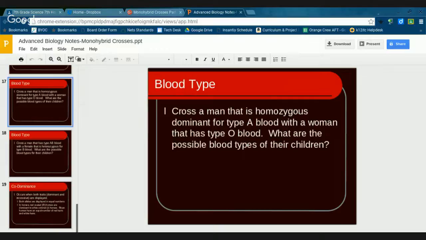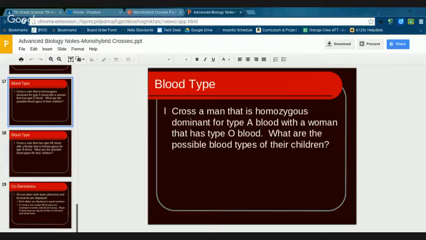So when we cross them, all of their children are going to have AO, because dad can only give the A and mom can only give the O allele. So that's why all of the kids are going to be AO.